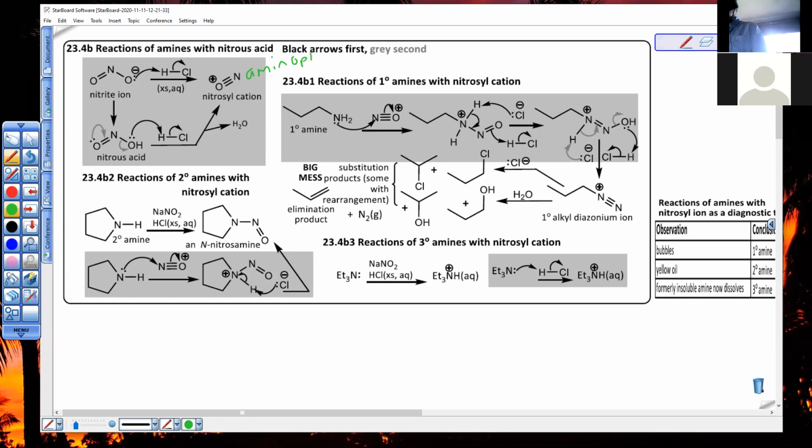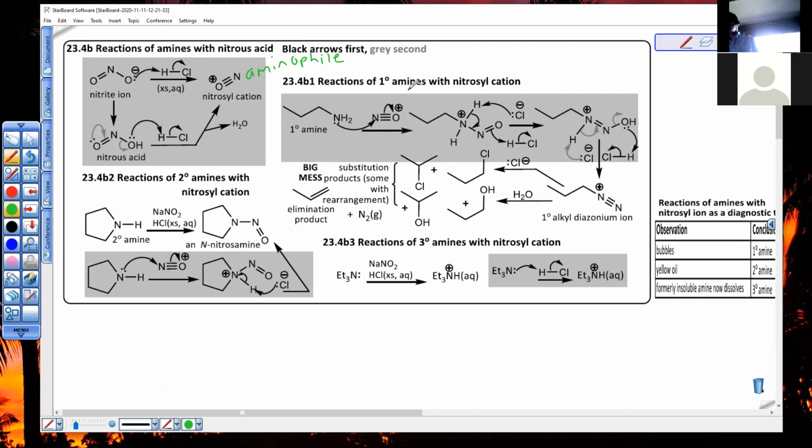And they will react with a variety of amines. We will explore the reaction with 2 of them and the non-reaction with the third amine.